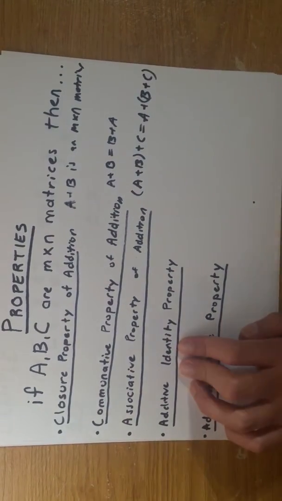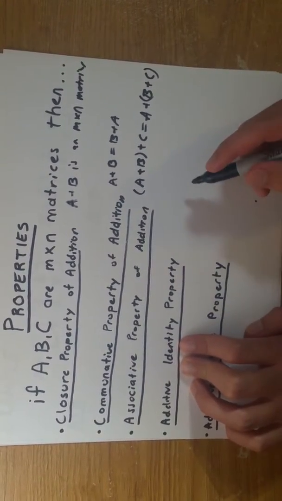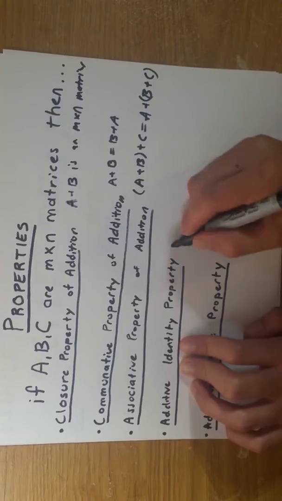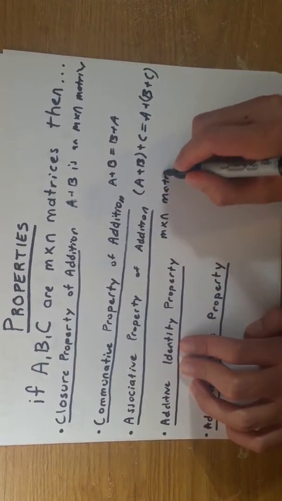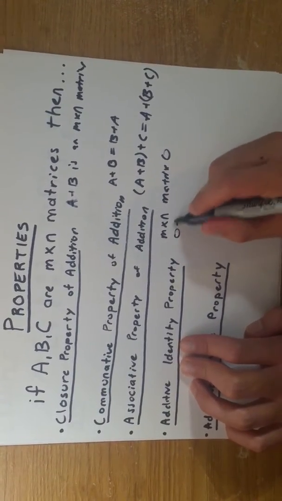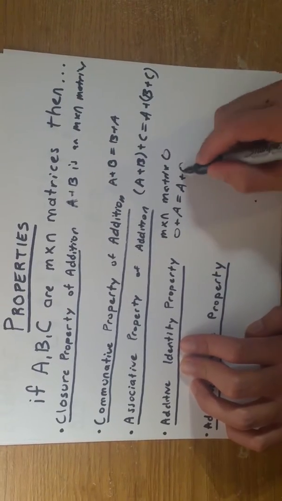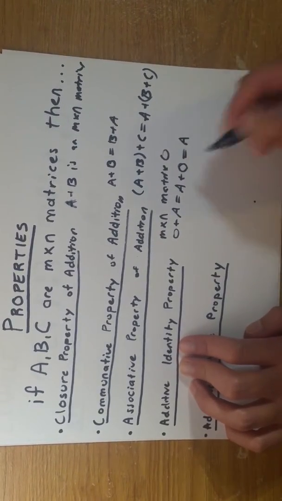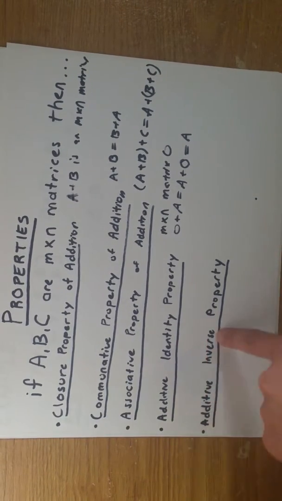We also have the additive identity property, which is a unique m times n matrix O such that O plus A is equal to A plus O, which equals A. And last but not least, we have the additive inverse property.